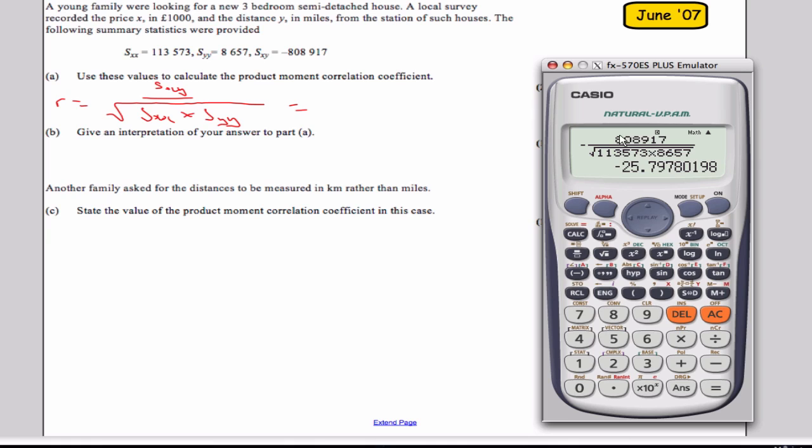Let's double check what we've done. 0.80917, 113573 and 8657. Okay, I've had a look at the mark scheme and it seems that there should be a decimal place in there.